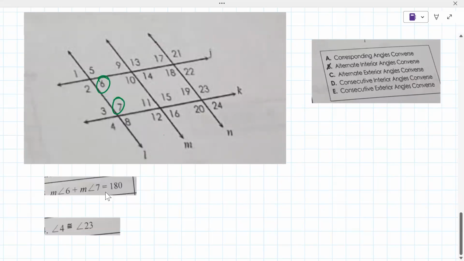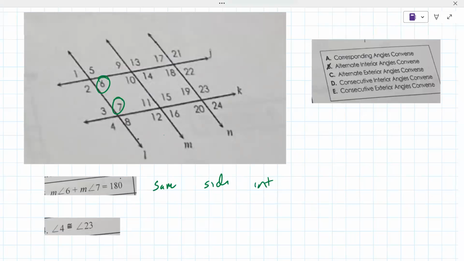Where's the next one? Same side interior. Is that what consecutive is a synonym of? Good. They're consecutive interior, same side interior.